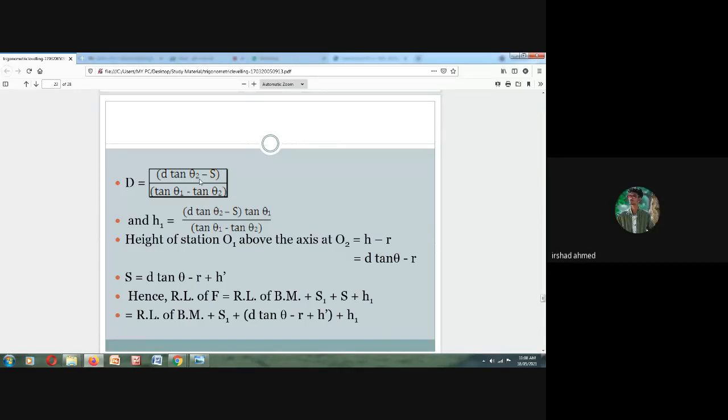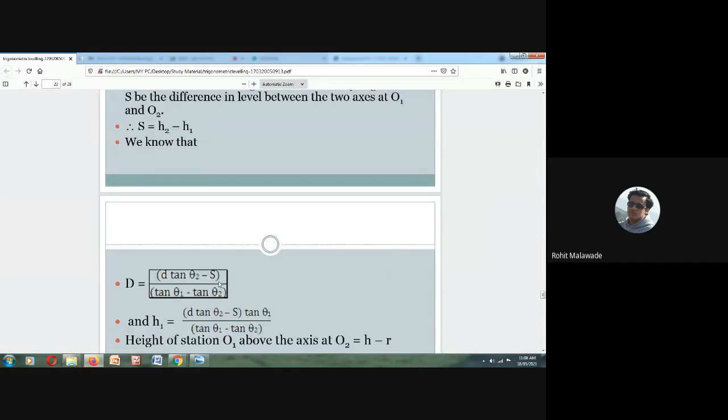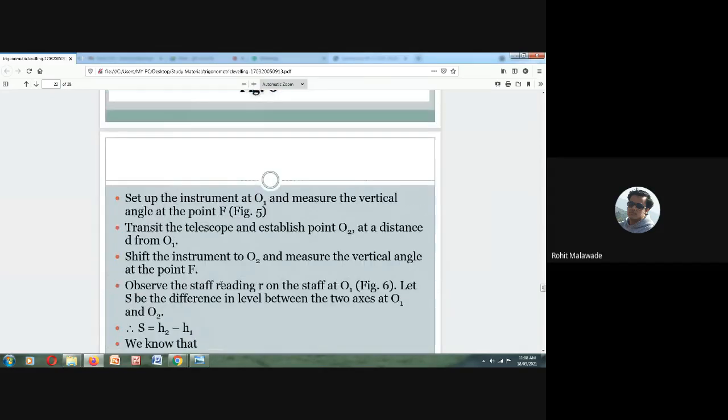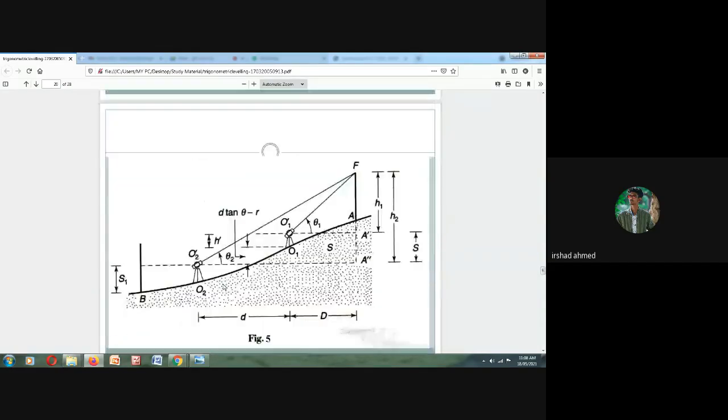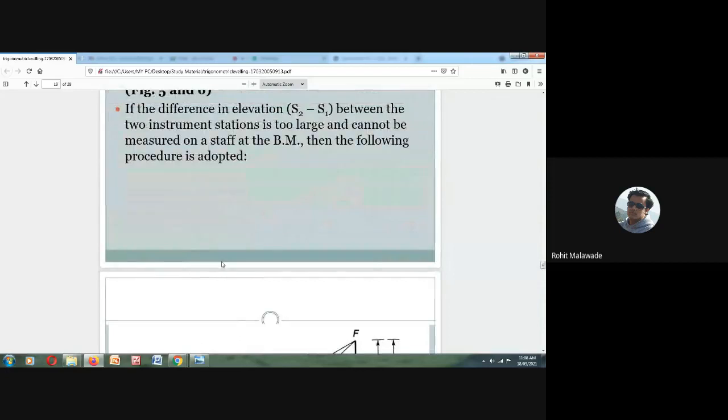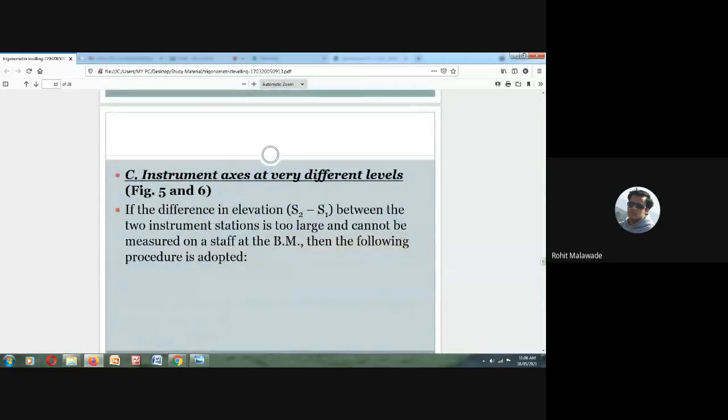The next class problem, sir. This class only theory. Okay, theory. So shall I continue this theory also of the second case? Yes, sir. Okay, then we'll have this theory, and we will go to the problem in the next class.